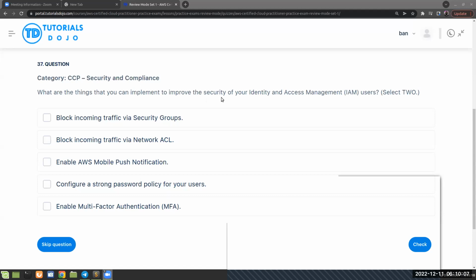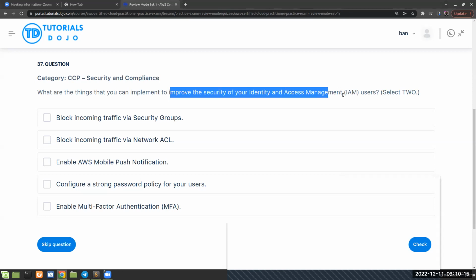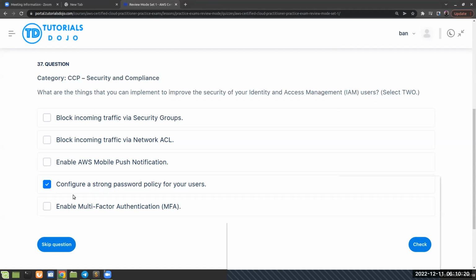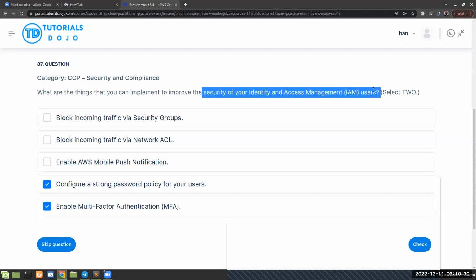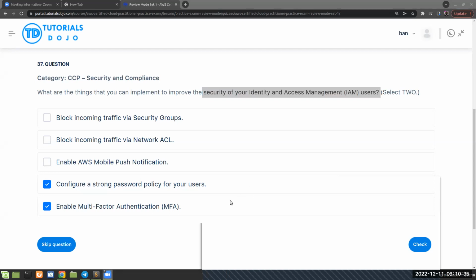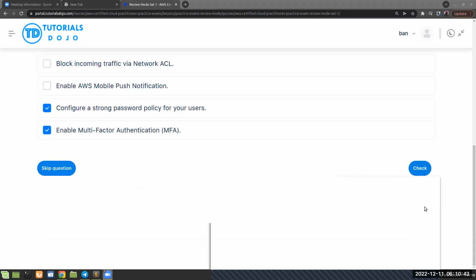Configure a strong password policy for users, enable multi-factor authentication. So we're improving security of IAM users. That's a key thing. I see D and E supported. Okay. So let's check.